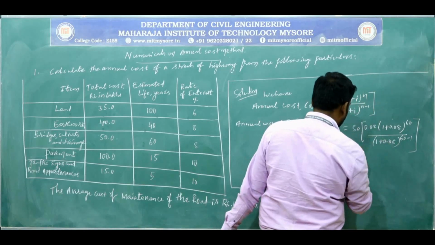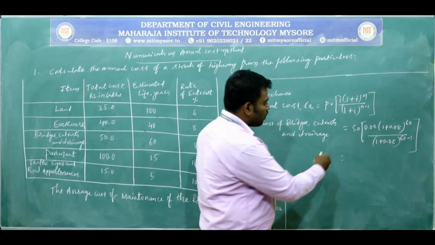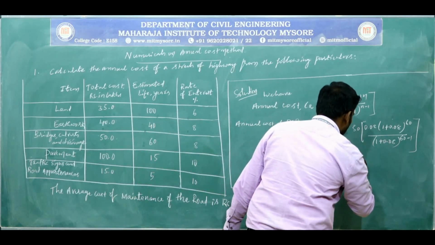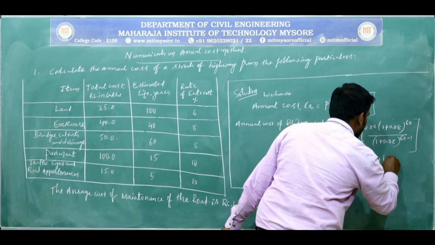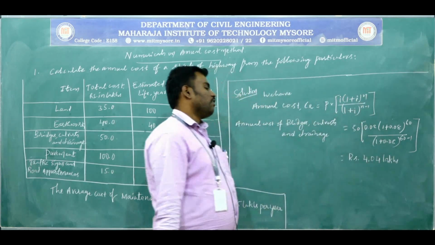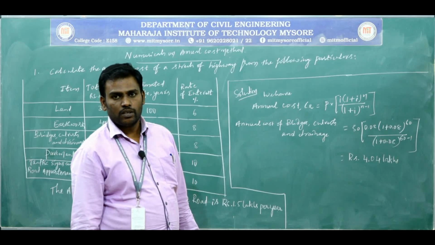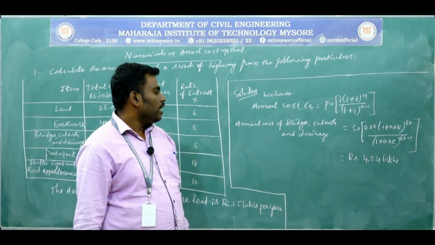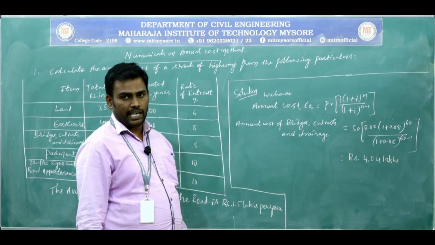This gives the annual cost of bridges, culverts and drainage. You may get about rupees 4.04 lakhs. This is the annual cost of bridges, culverts and drainage.